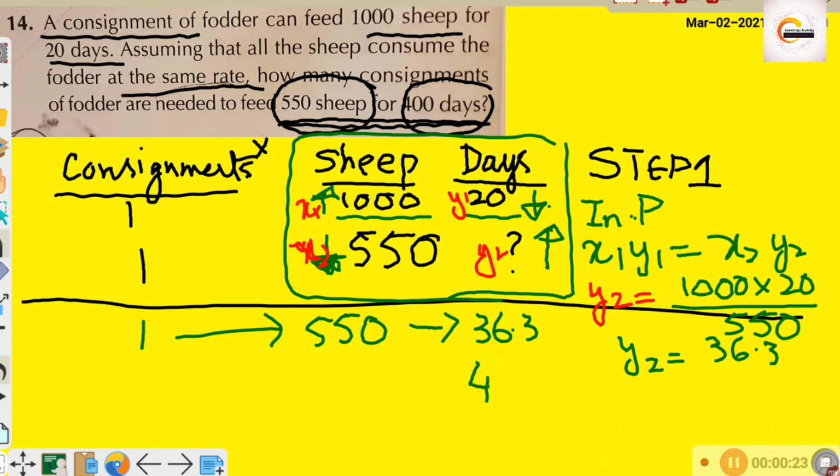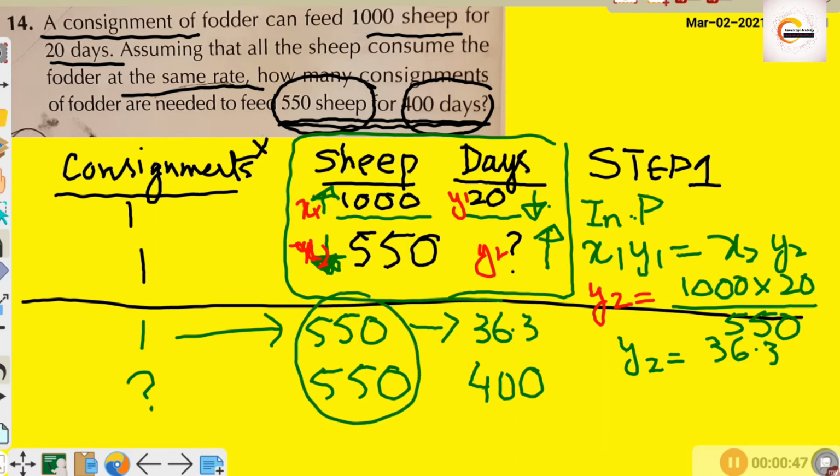So now days are going to be 400. 550, I am going to keep this variable as constant, and the required consignment is going to be, let's see, first we have to deal now, forget about this, and let's deal with our two variables.